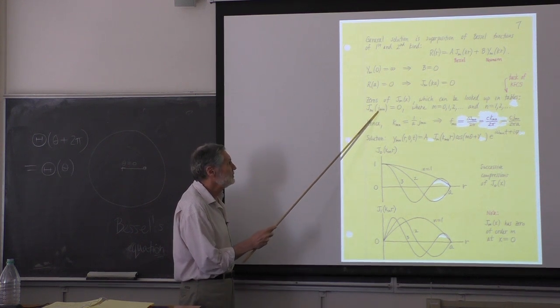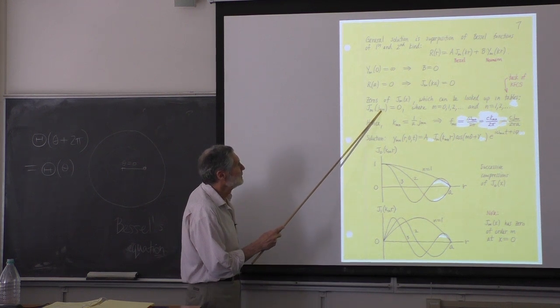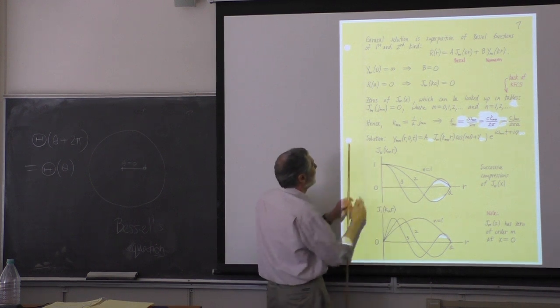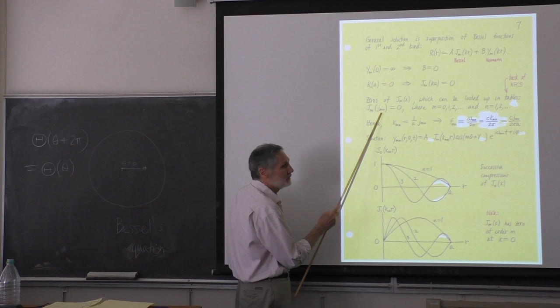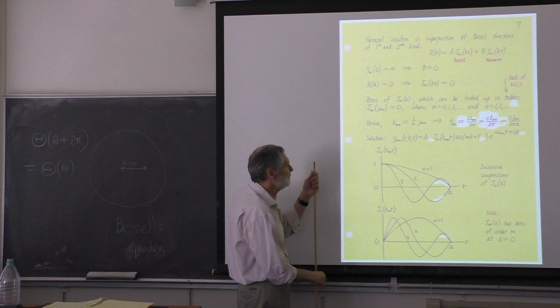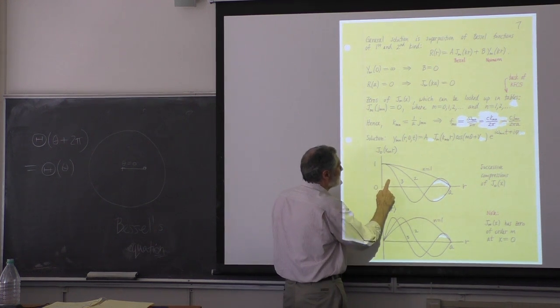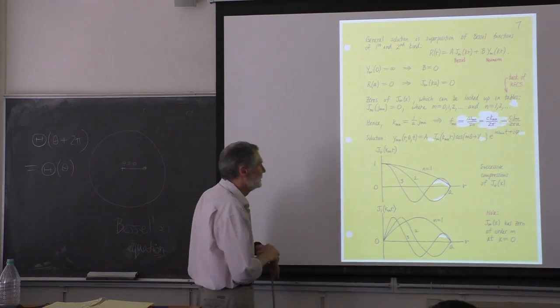They use a little j_mn. This is the nth root of J_m. That's what this notation means. So for example, here's J0, right?